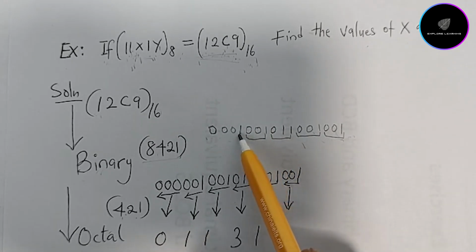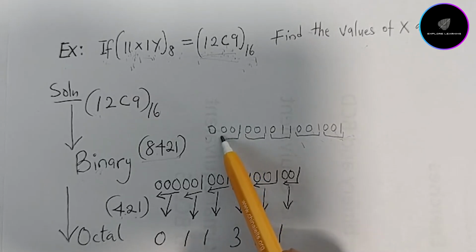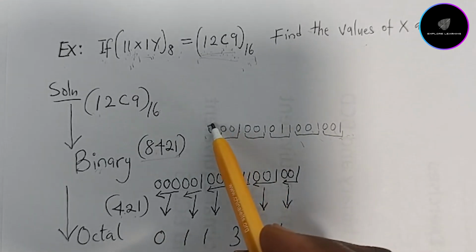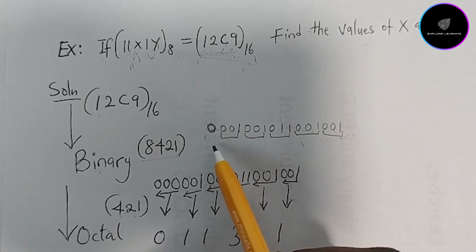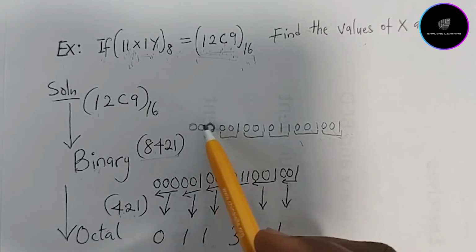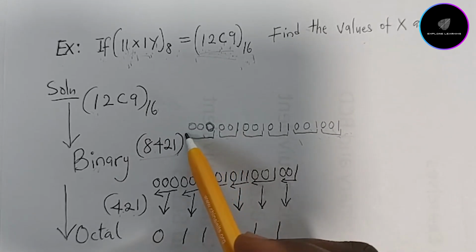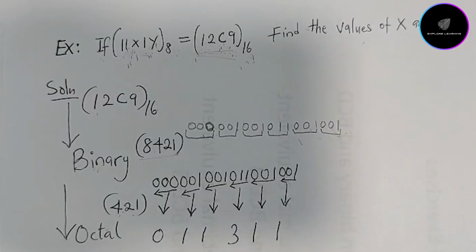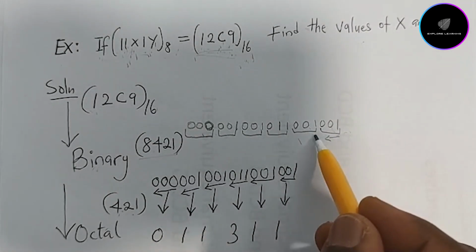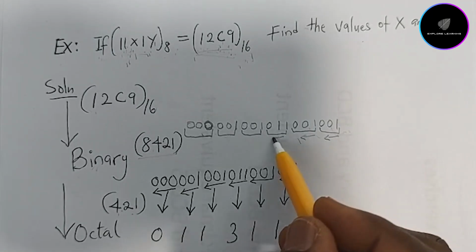It has 3 digits. And then we have this 0 left. So we need to introduce 0 padding, adding 2 more zeros so that we can have a complete group. If you check, we have done this grouping in this direction, showing that we have moved from right to left.